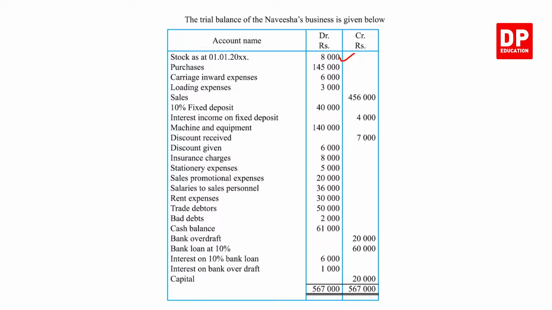Stock 8,000, purchase 145,000, carriage inward expense 6,000, load-in expense 3,000, sales 56,000, fixed deposit 40,000, interest income on fixed deposit 4,000, machinery and equipment 140,000, discount received 7,000, discount given 6,000, insurance charges 8,000, stationery expense 5,000, sales promotional expense 20,000, salaries to salesperson 36,000, rent expense 30,000, trade debtors 50,000, bad debts 2,000, cash balance 68,000, bank overdraft 20,000, bank loan at 10% cost 60,000, interest on bank loan 6,000, interest on bank overdraft 1,000, capital 20,000.